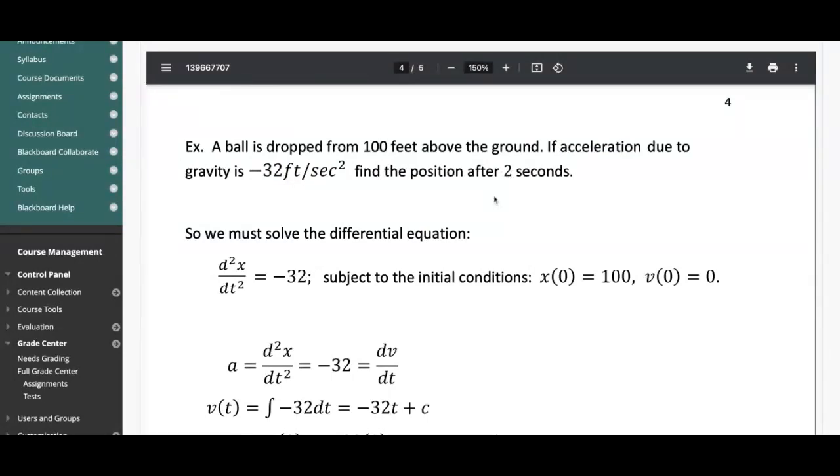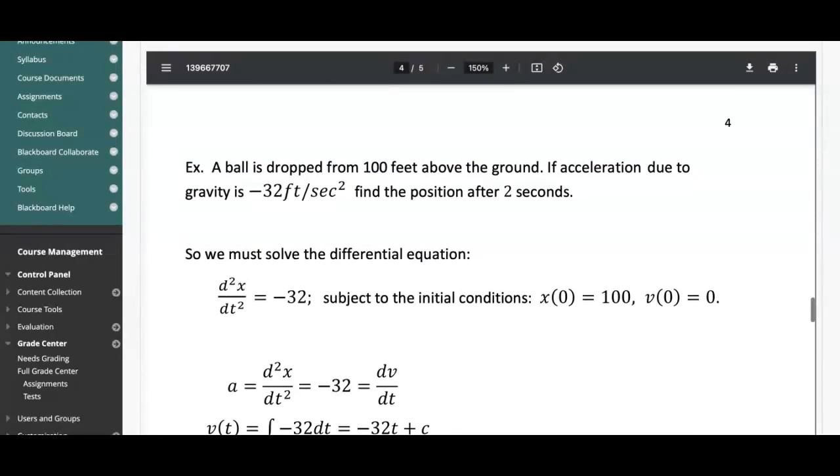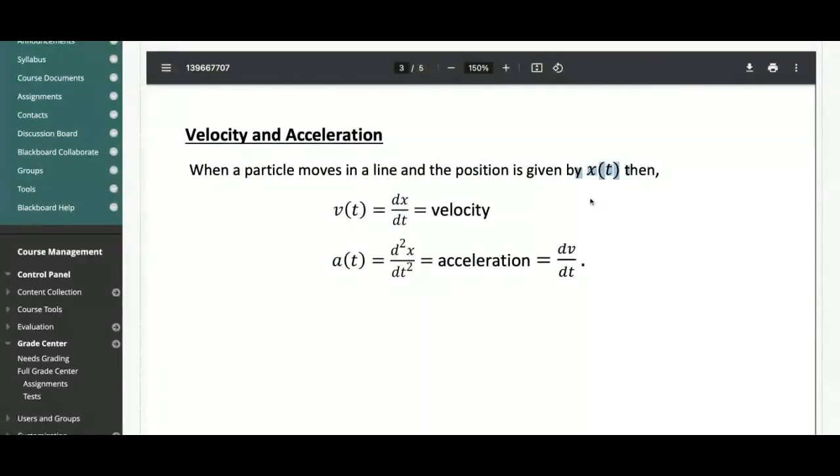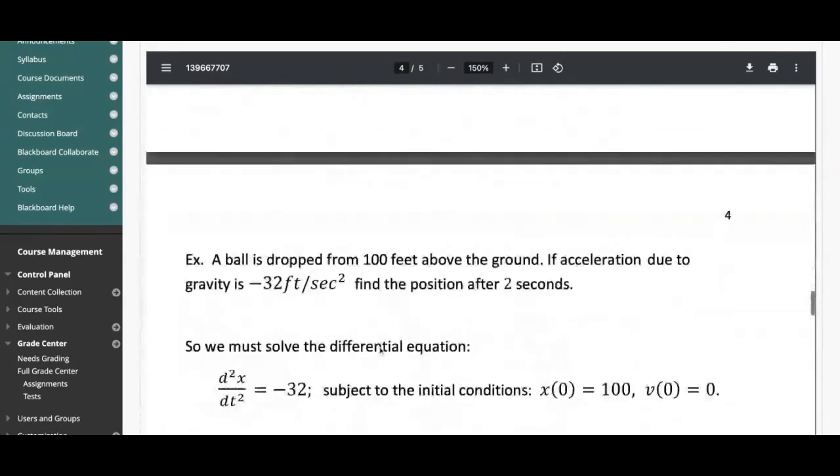So we need to find x of 2. We use this notation: x of t is position, v of t is velocity, a of t is acceleration.